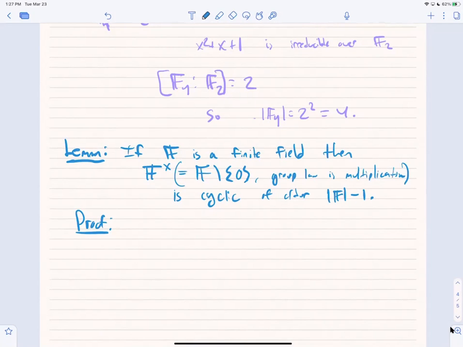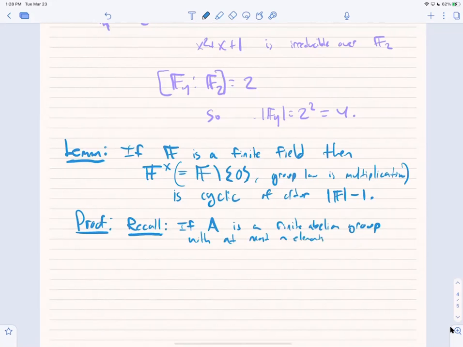Let me recall, in a particularly simple way to verify: if A is a finite abelian group with at most n elements of order n for every n, then A is cyclic.